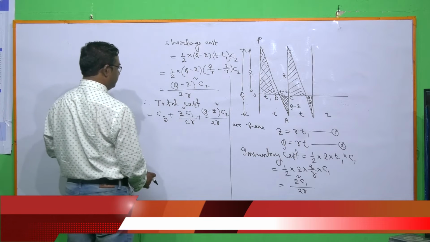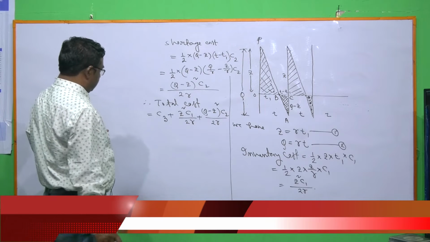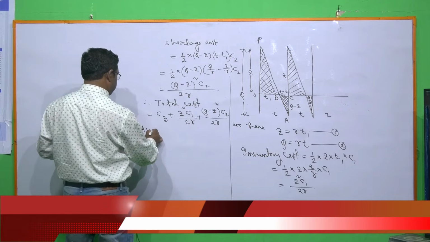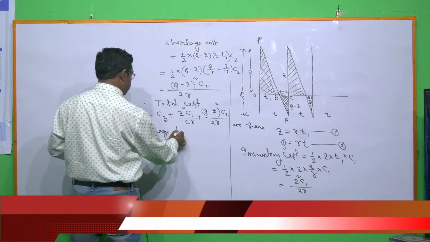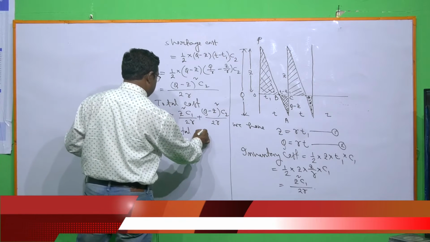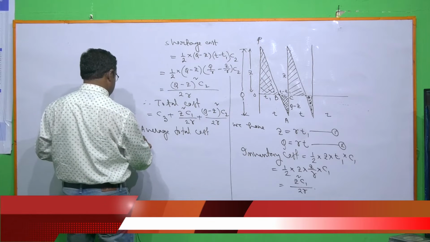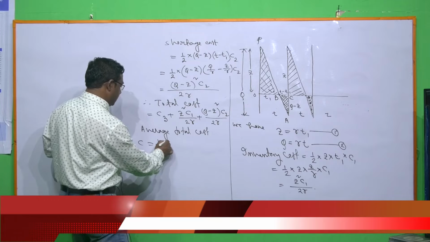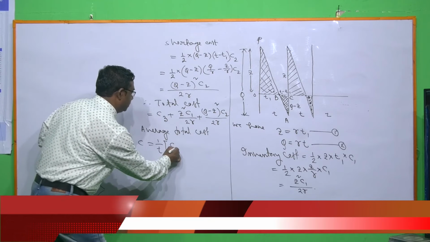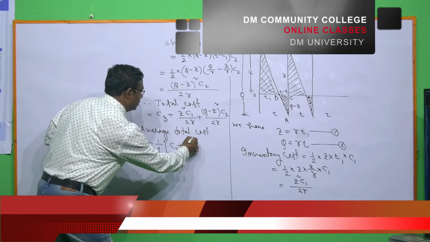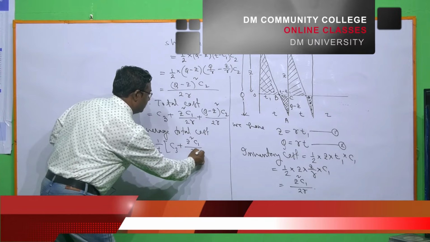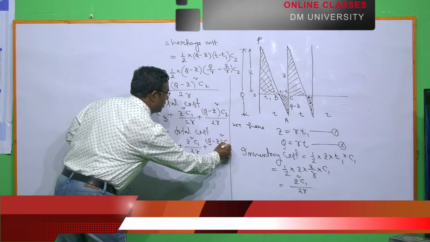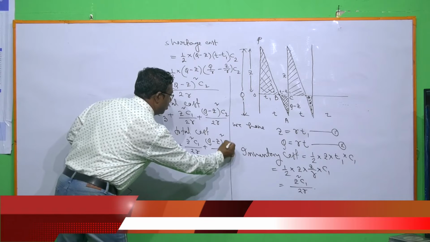Then the average total cost, denoted by C, is 1 by T times C3 plus Z square C1 by 2R plus Q minus Z whole square C2 by 2R.